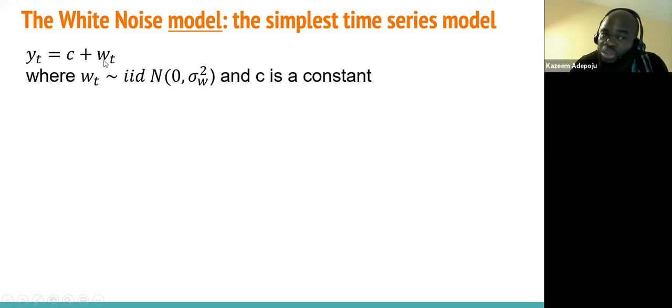This is a shock, a shock in the process. There's something in economics that we call a shock. So what we are trying to say is that the amount that you realize daily can only be explained by chance.